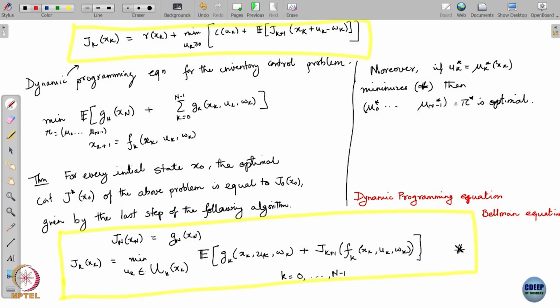So, this is going to be the way of solving any dynamic programming problem. Essentially, you start from the last step as if you had a time horizon 1 problem, and find the optimal thing that you would do in that problem. You use the optimal cost, or the value function, that you get from that problem as the terminal cost of the problem with one step before.